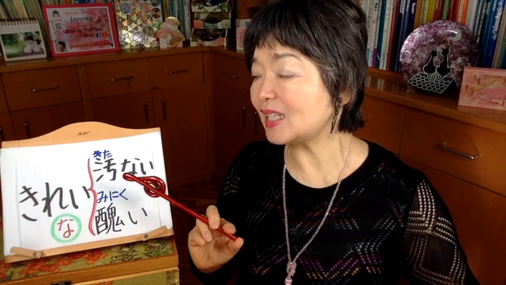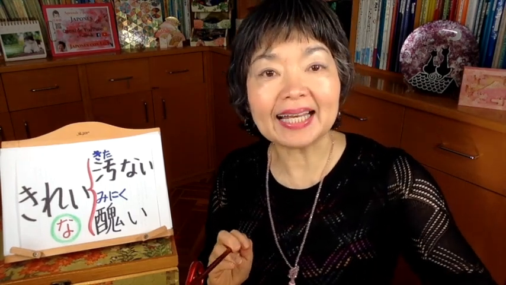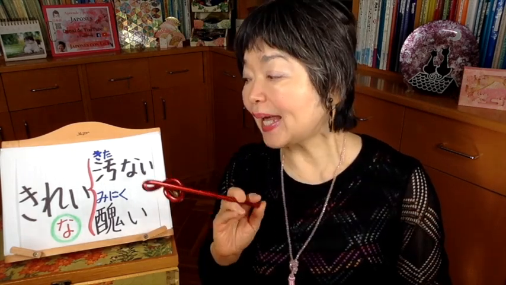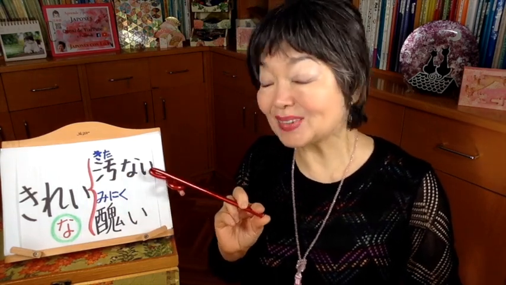My son's room is dirty. Well, 汚い is い形容詞, so I can say 汚いです or also 汚い部屋, dirty room. We don't have to use な. So it doesn't change. い形容詞 doesn't change with the noun.